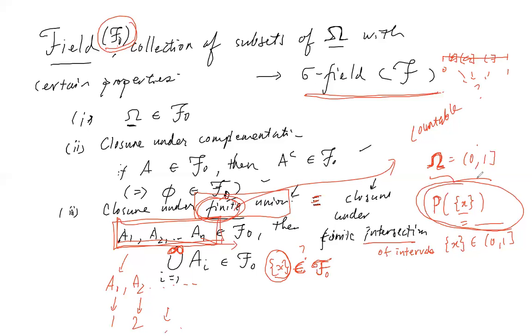Remember, in order to be able to talk about the probability of any particular set, we need to make sure that the set is inside this F. So if you have constructed it using just a finite intersection, will your x be inside it, this singleton? Inside or outside?